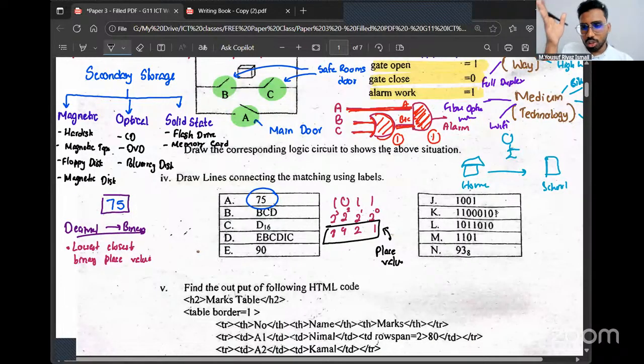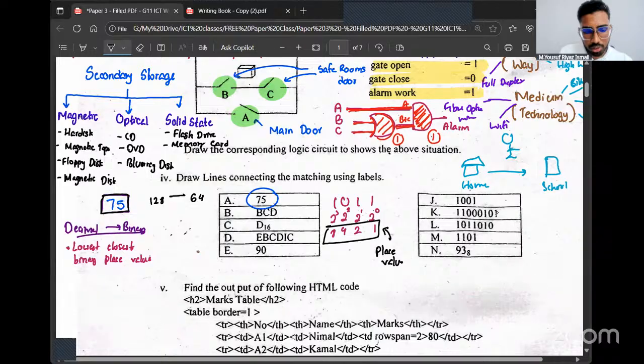If you keep going like that, you get 1, 2, 4, 8. It just basically doubles as it goes. So 1, 2, 4, 8, 16, 32, 64, 128, it goes. The number we have is 75, right? Number 75 is between the place values of 64 and 128.